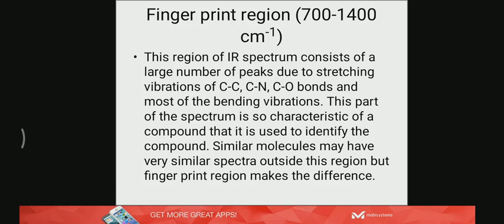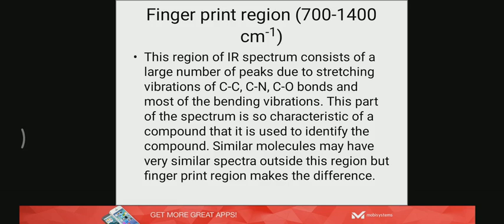The region between 700 and 1400 is known as the fingerprint region. Why is it called so? Because this region consists of a large number of peaks. The maximum number of IR peaks are seen in this range.